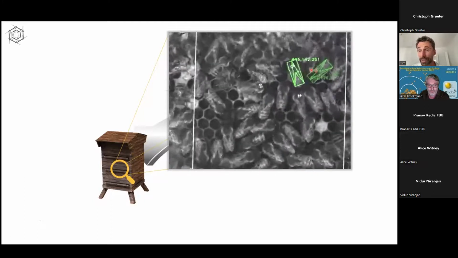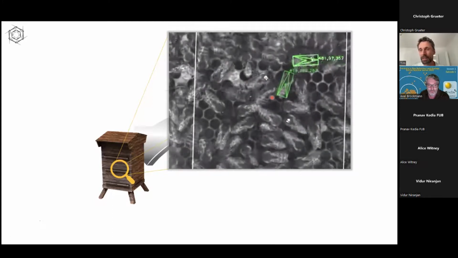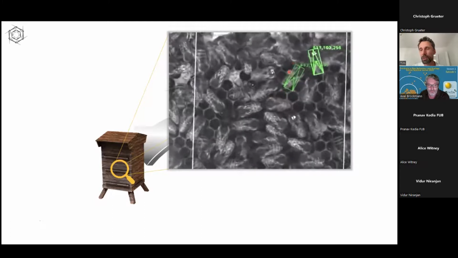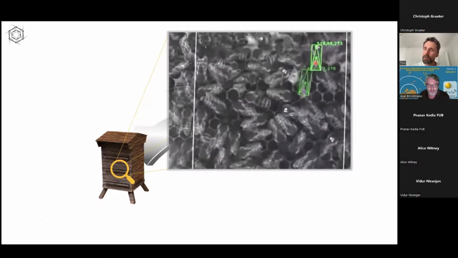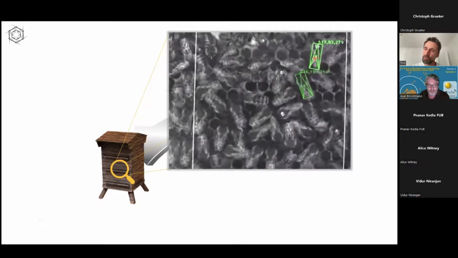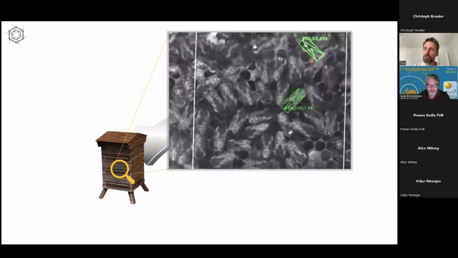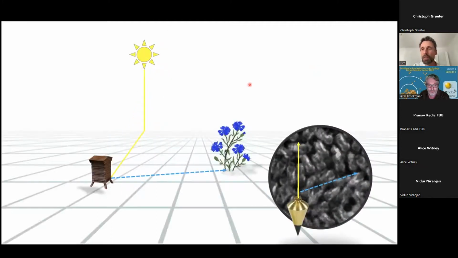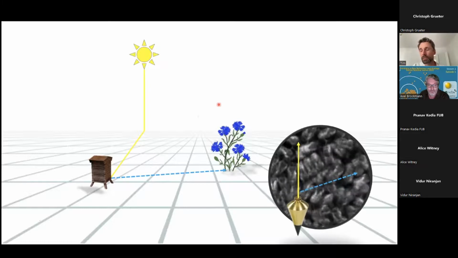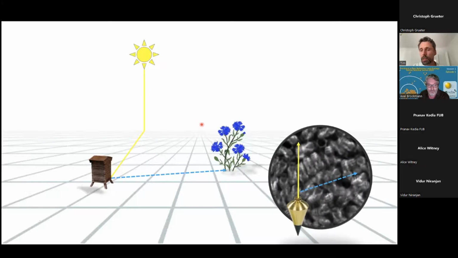And now the cool thing is, and that was so crazy back in, I don't know, 2008 or so when I learned about this, it's not just that the dance shows properties that correlate with food source location properties and food source profitability. It's also that bees that follow the dance can decode this information. And what is encoded?